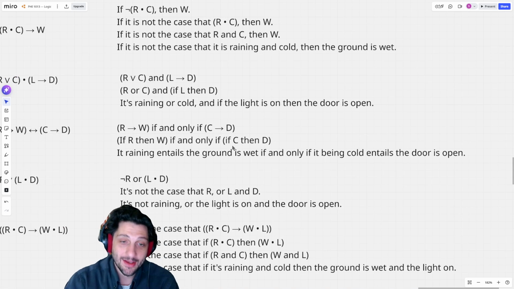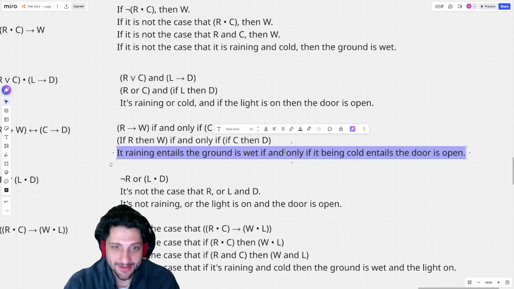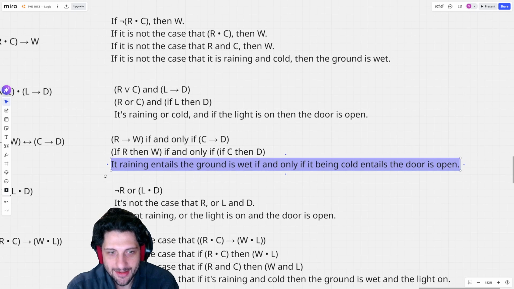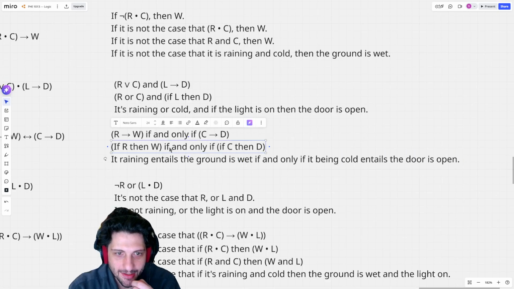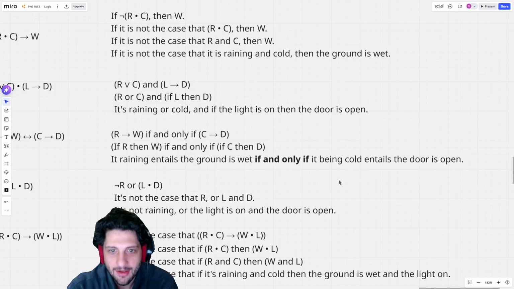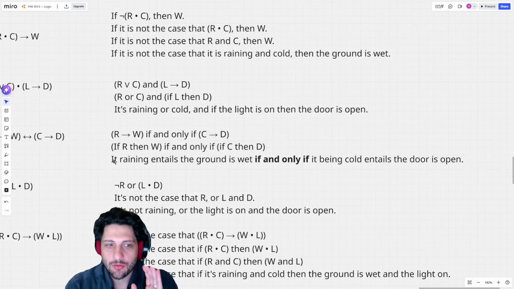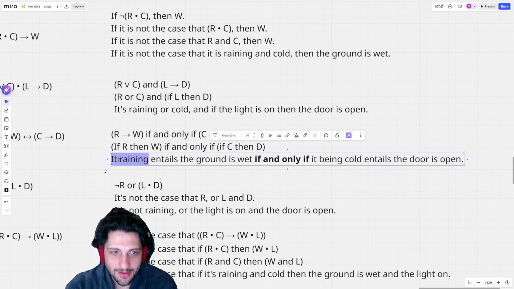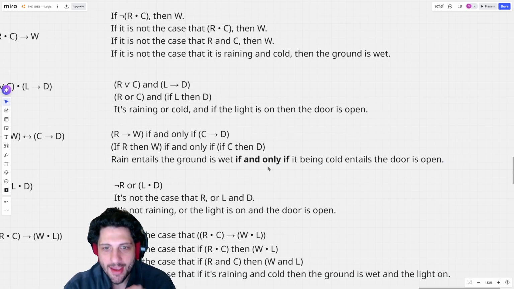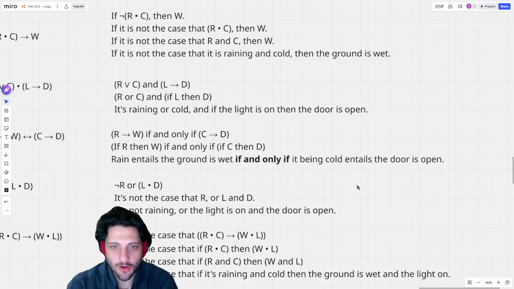Again, with these long, complicated sentences, this is why it's important that we move into our nice, concise language over here. But the idea is we're saying it's an if and only if. It is raining entails the ground is wet, or maybe even, again, English is hard: rain entails the ground is wet, if and only if being cold entails the door is open.